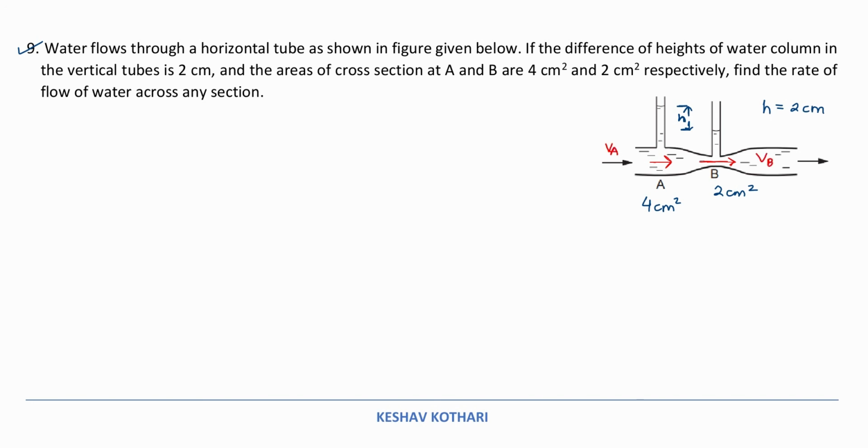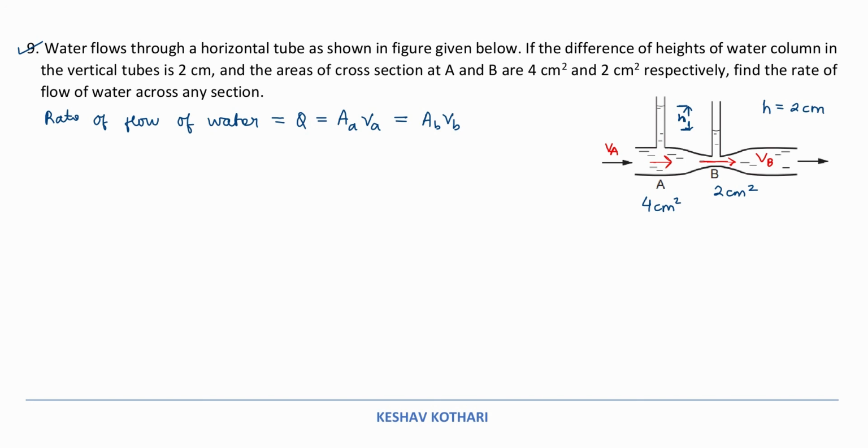So if I talk about the rate of flow of water, which is also regarded as the rate of discharge, then it can be written as area of A into velocity at A, which is also equal to area at B, velocity of B. So this is the value of the rate of flow or the rate of discharge.